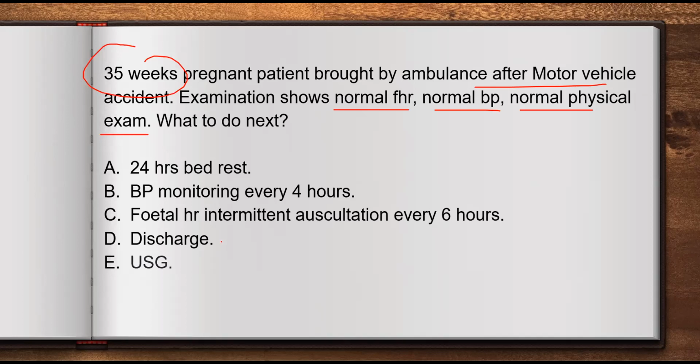Now, sometimes initially after a blunt abdominal trauma, the patient might be stable, the fetus might be stable, but eventually in the ongoing 24 hours, the patient might develop signs and symptoms. So you can't discharge this patient even though everything comes back normal. You need to monitor this patient at least 4 hours, at least. This patient cannot go home immediately, never.